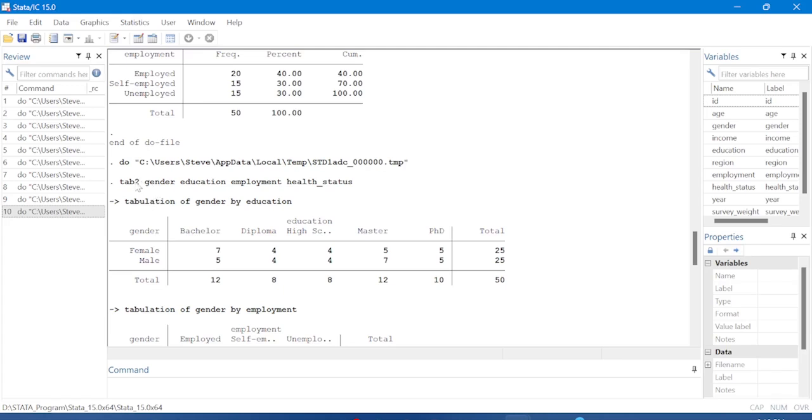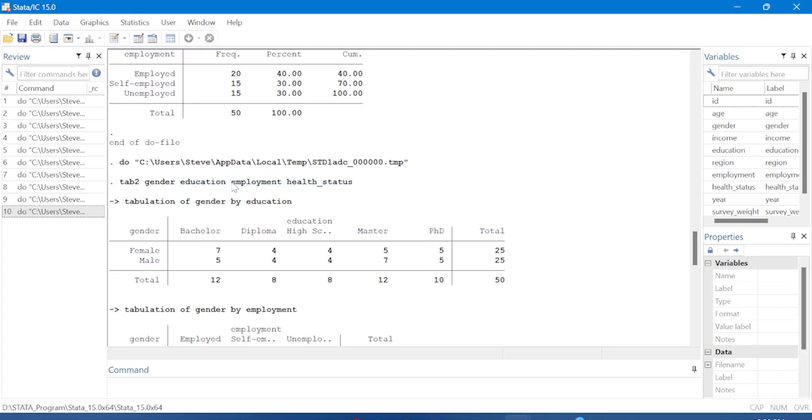And it will also give us another table of gender versus employment, and gender versus health status, as well as education versus employment, and education versus health status, as well as employment versus health status.